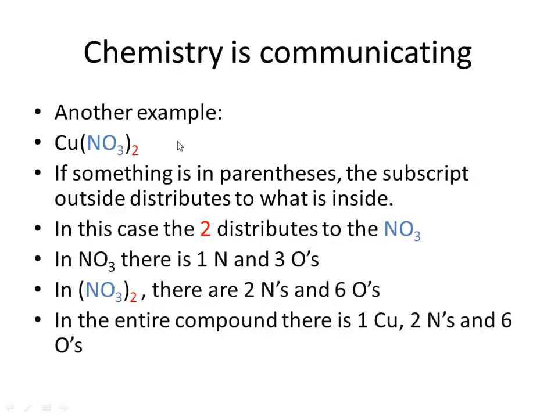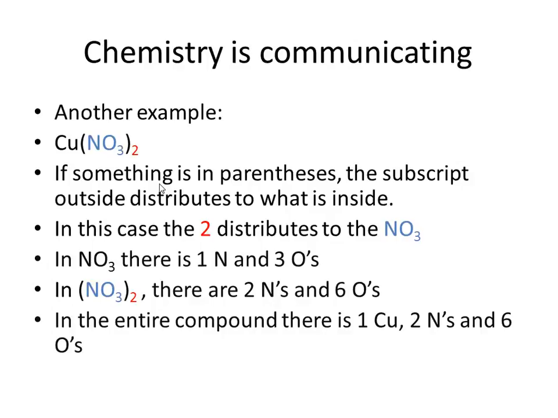Another example is this substance, copper nitrate, copper(II) nitrate to be specific. The formula for this is Cu(NO3)2. If something is in parentheses, that subscript distributes to what's inside.